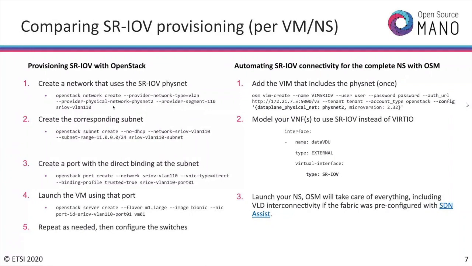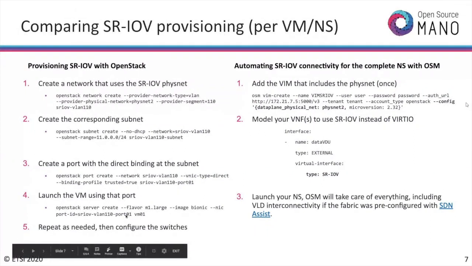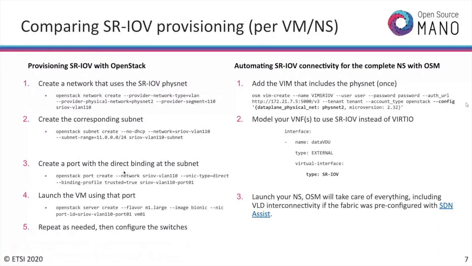So you need to configure this network manually. You need to configure the subnet of that network. You need to configure a port for that subnet. And you need to launch the VM using that port. And then you need to repeat this for every single virtual machine, or every single port in a virtual machine, at least from step 3, if you are sharing the same network.